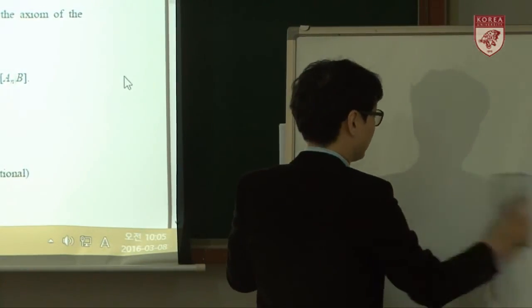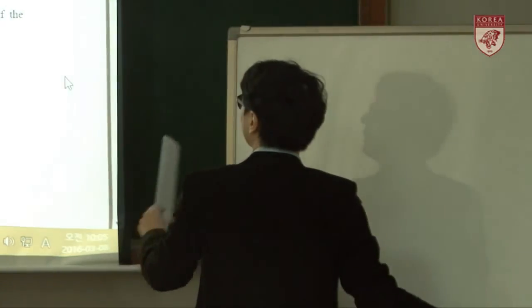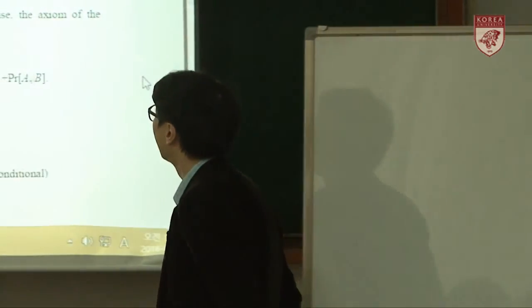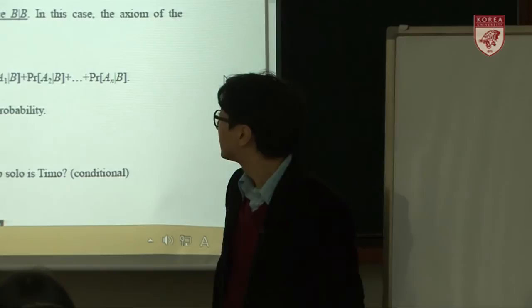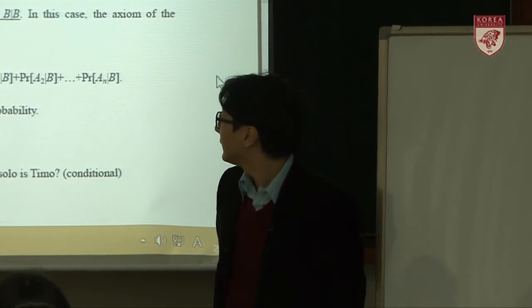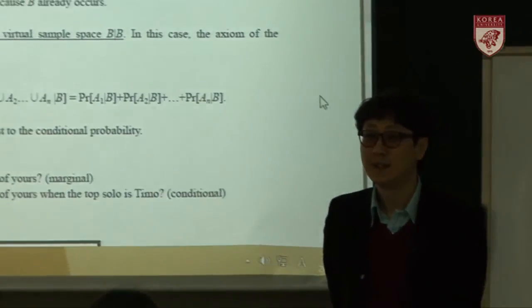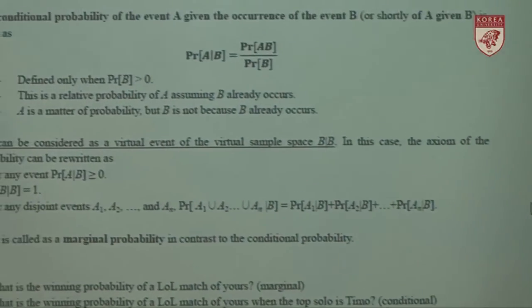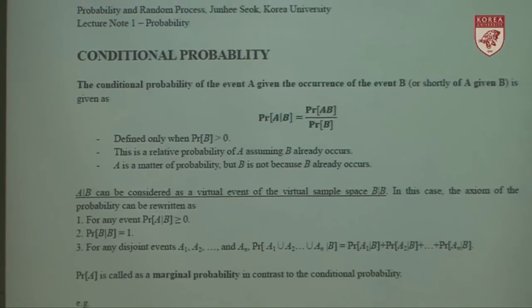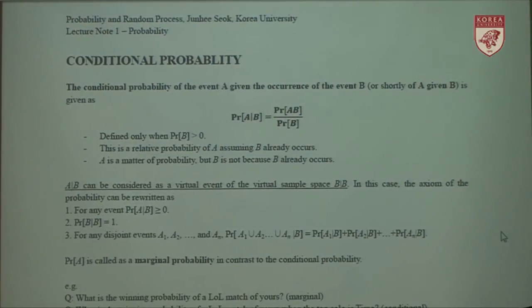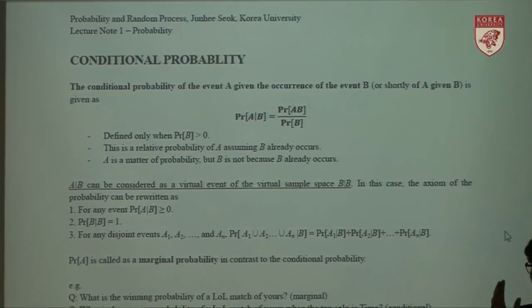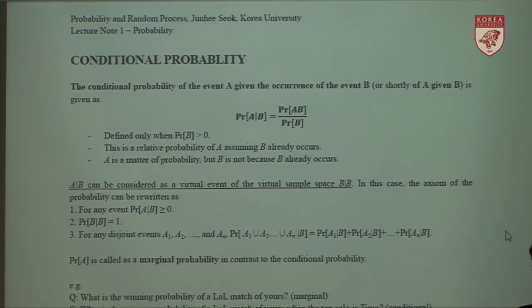Conditional probability. So conditional probability is like that. It's the probability that event A is going to happen given the occurrence of the event B. That means we already assume that event B has already occurred. Then what is the probability that event A is going to occur? So that's a conditional probability.